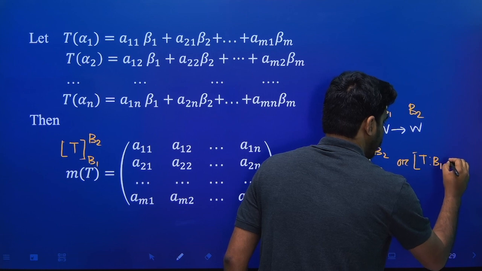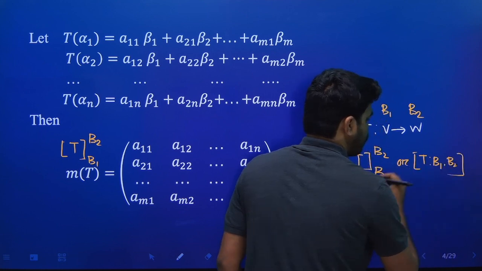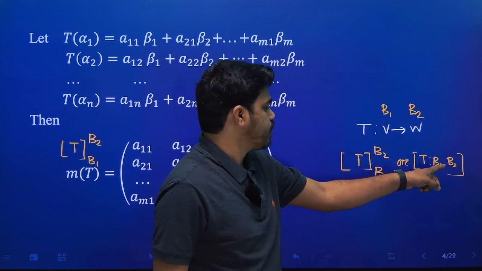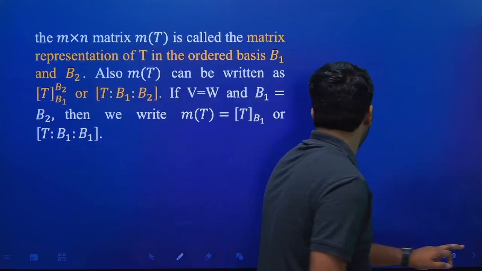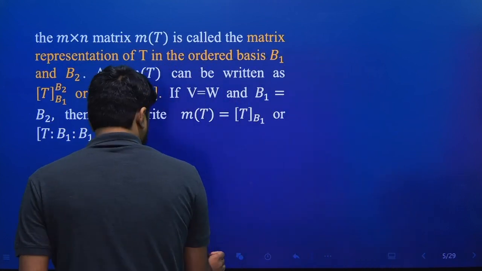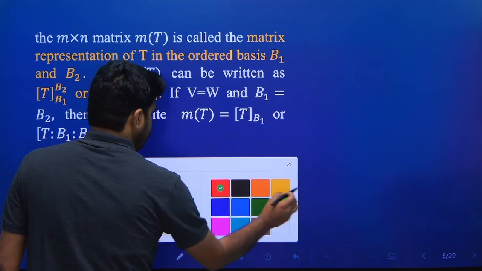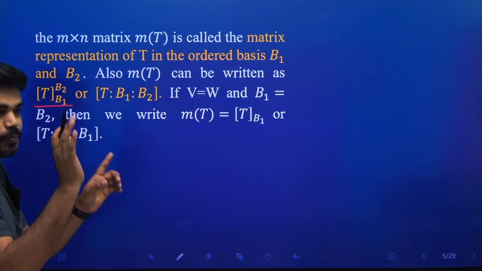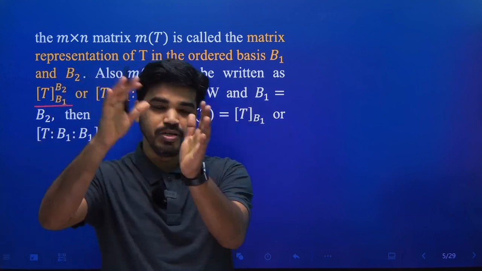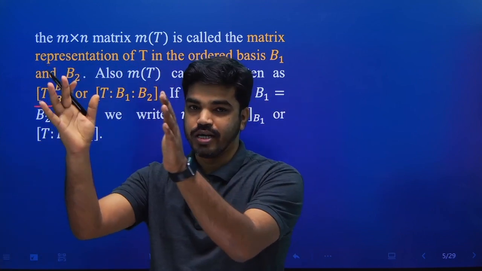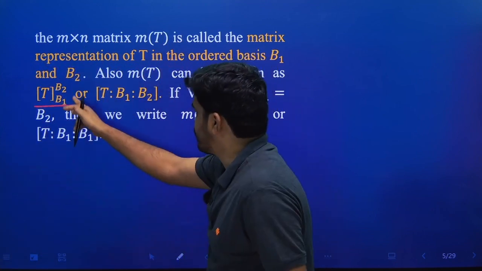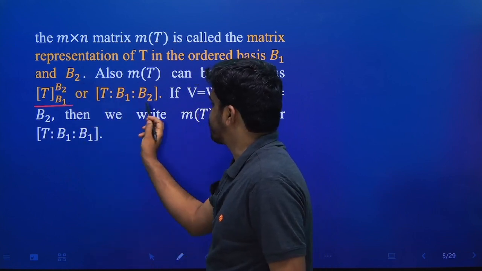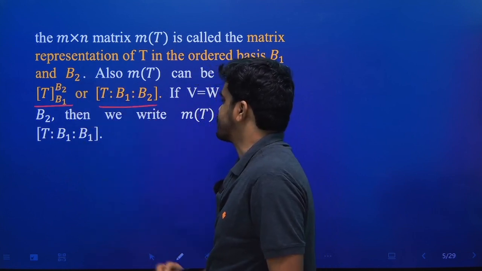Okay, so just see, this is the notation: b1 is the basis of V, b2 is the basis of W, so b1 to b2, or you can express also this notation.